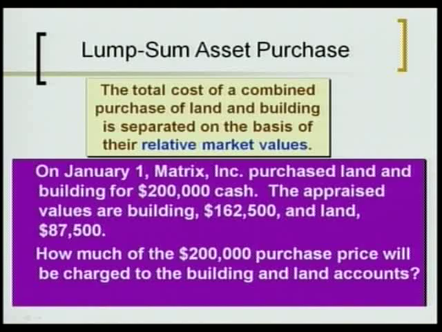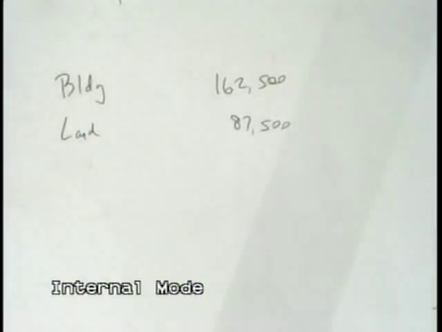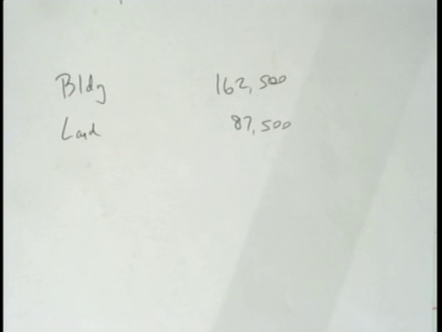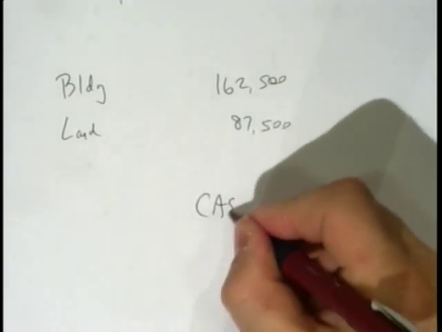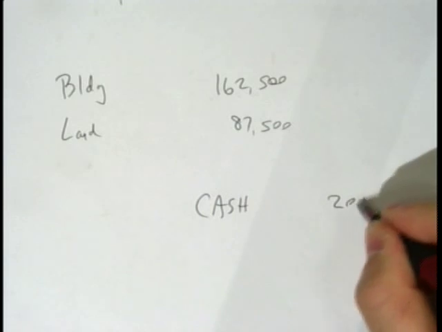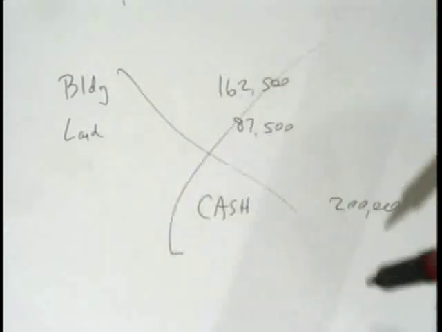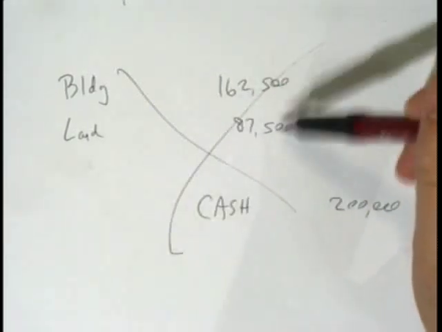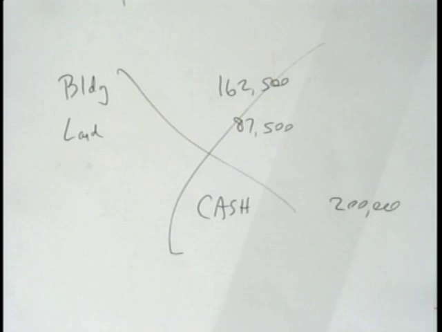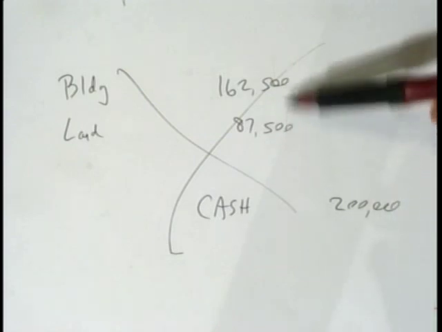Let me double check. Yeah. But that's not what we paid for it, is it? What did we pay cash-wise? $200,000. And somebody said, well, maybe you could record a gain or something. No, you can't do that. You cannot record assets at something that you didn't pay for. We didn't pay that for it, did we?